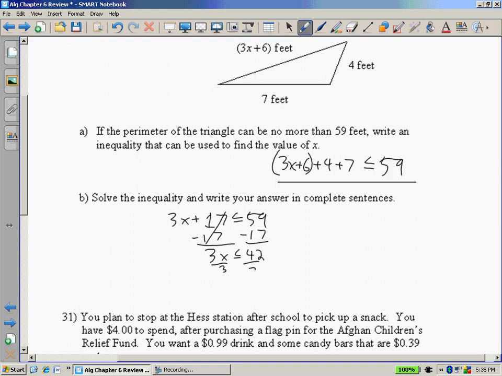Divide by 3, and x is less than or equal to 14. So it says write in a complete sentence. So I'm just going to say the value of x is less than or equal to 14.